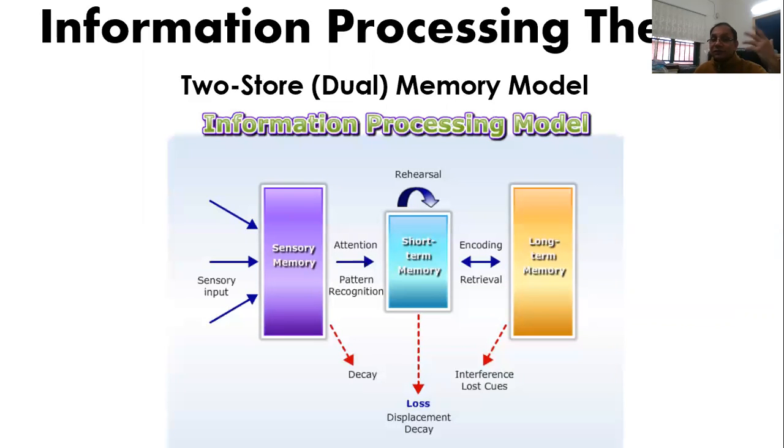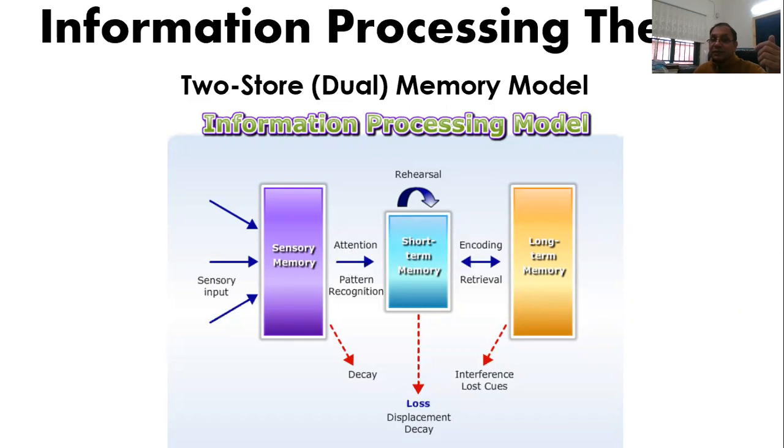All those are different forms of input that we register in what we call short-term memory. And this registration of information in short-term memory is because of attention. We will look at attention, and the information that we pay attention to and why, soon.